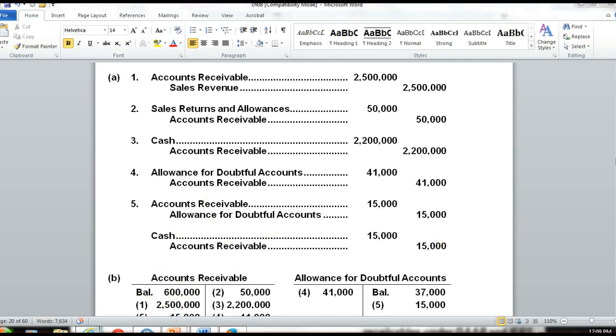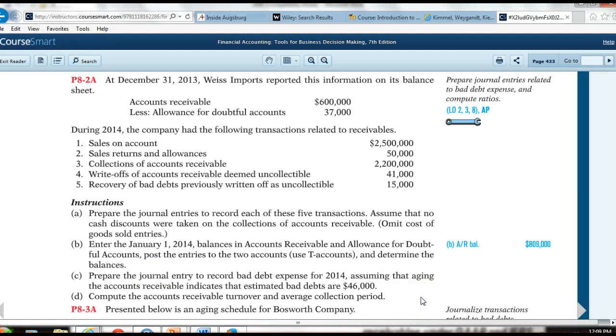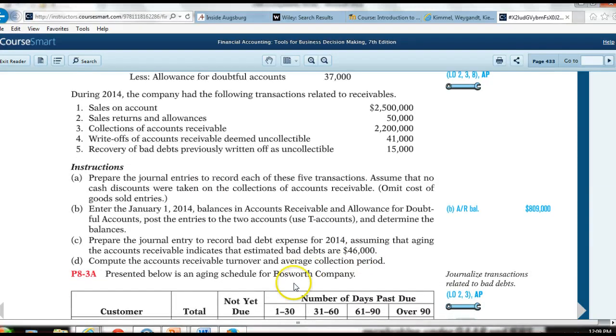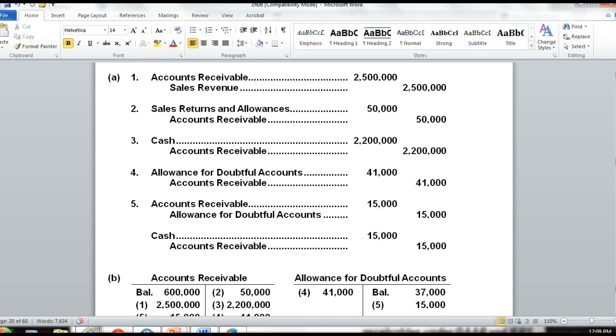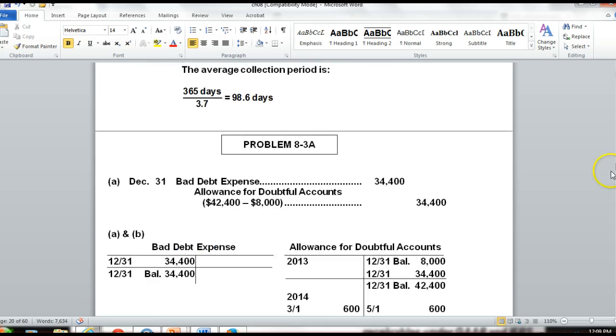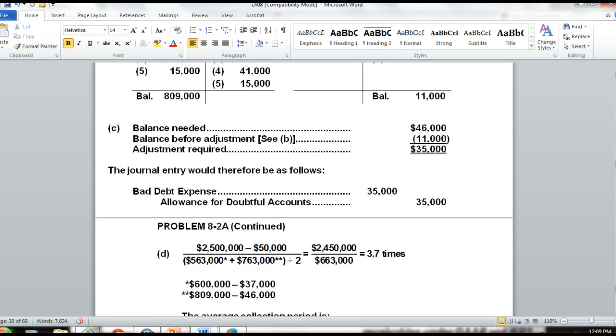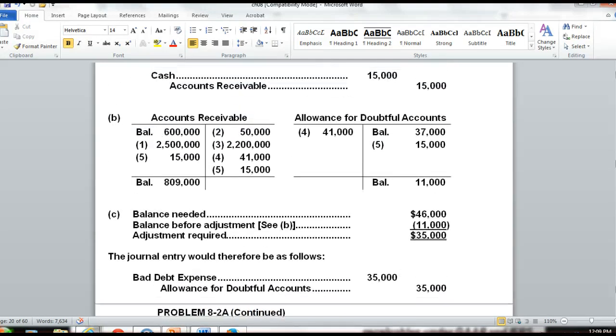Now the next step asks us to enter the balances in accounts receivable and allowance for doubtful accounts. So we need to determine our ending balances. What we'll do here is create T accounts and show the beginning balances, and then from there we get an ending balance. So we started with a balance of $600,000.